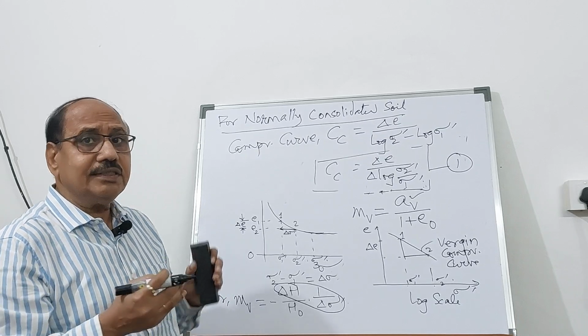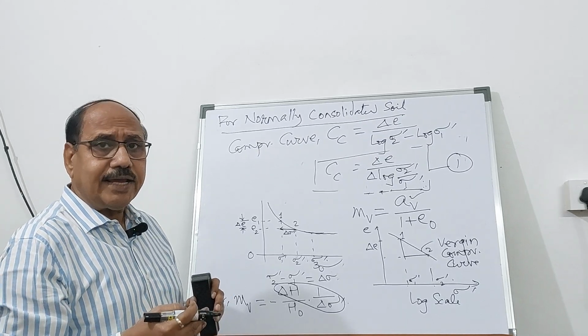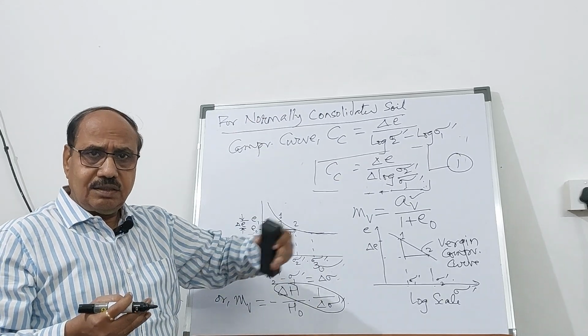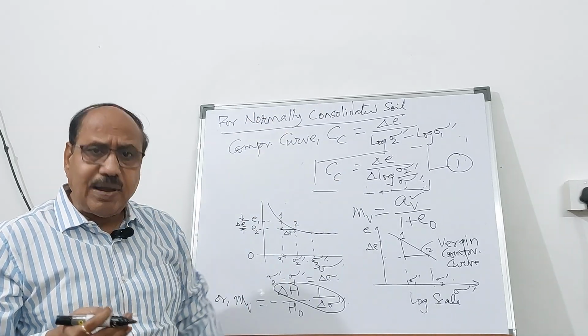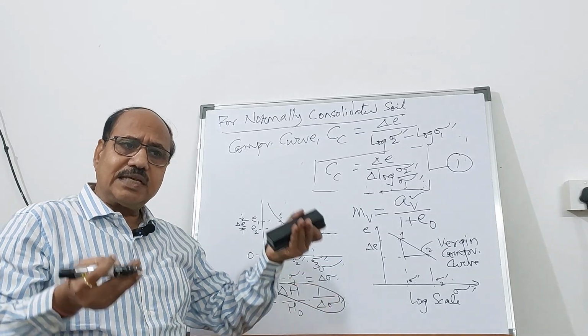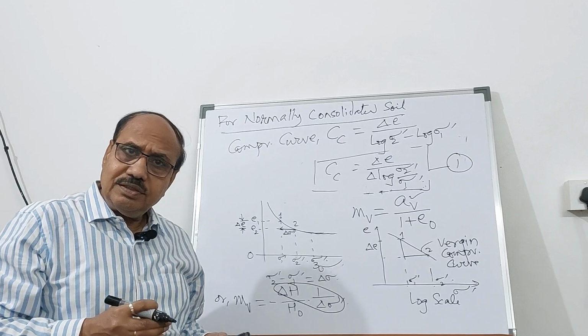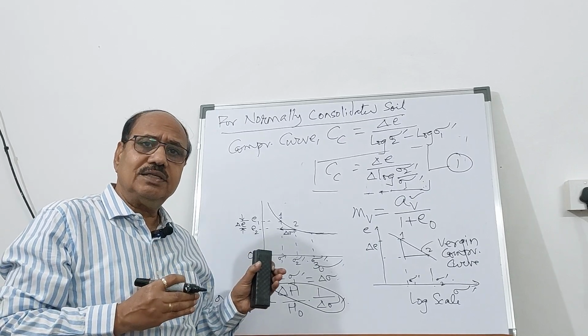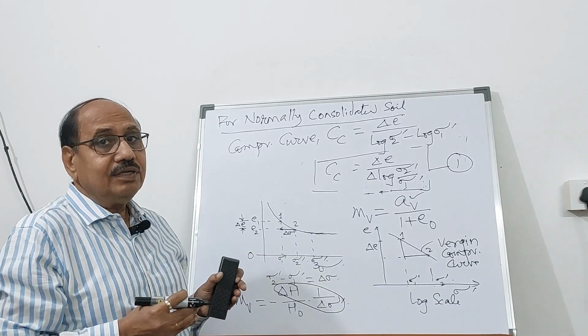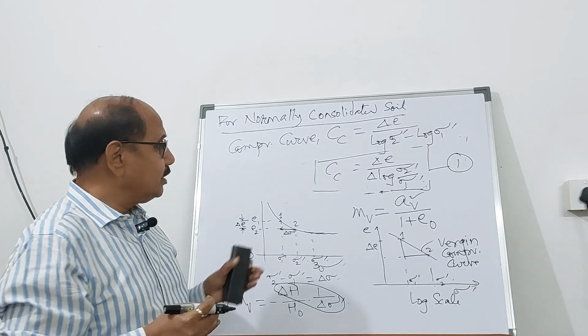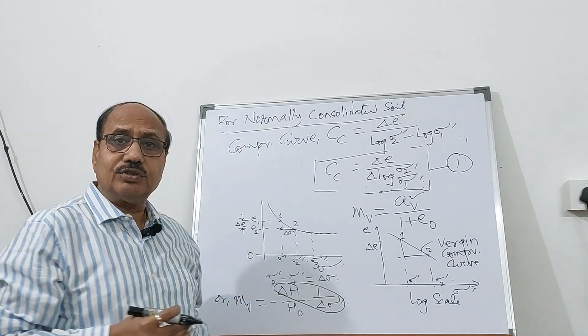But the structure doesn't exist today. Or there was a glacier falling from a certain height, and due to impact, the soil mass has been subjected to very high intensity of stresses in the past, then it will behave as a pre-consolidated soil. It will not behave like normally consolidated soil.